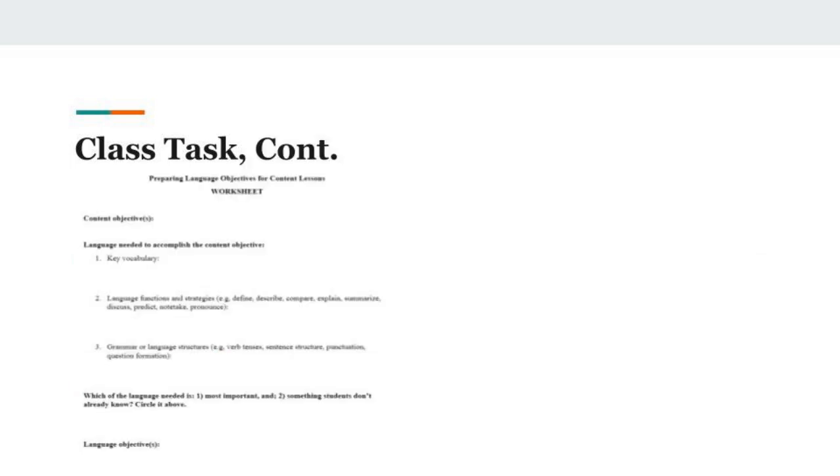The worksheet will allow you to compose your content objectives, and based on the content objectives, then your language objectives. So at the beginning of the worksheet, you should be able to state your content objective following the formula you learned in this chapter.